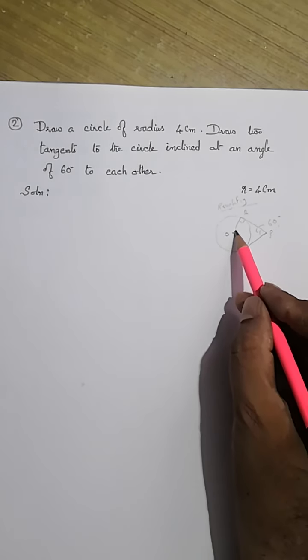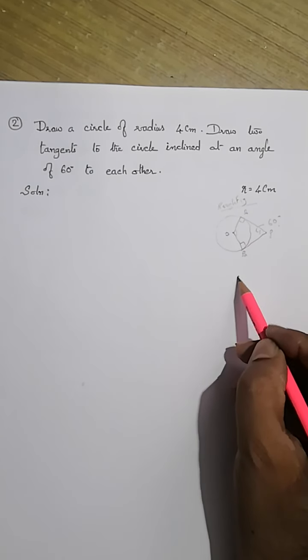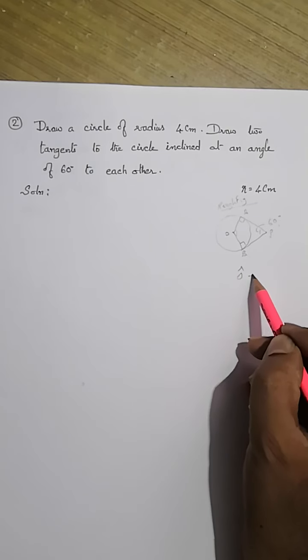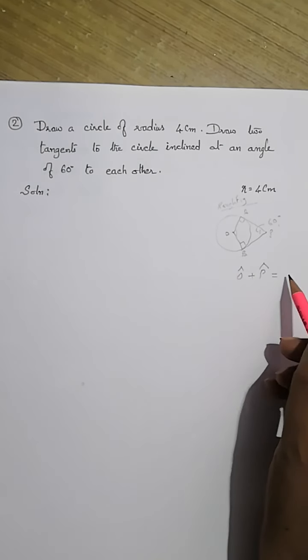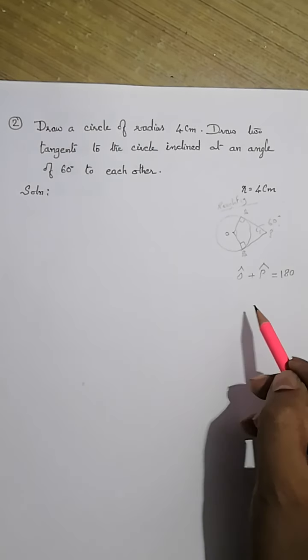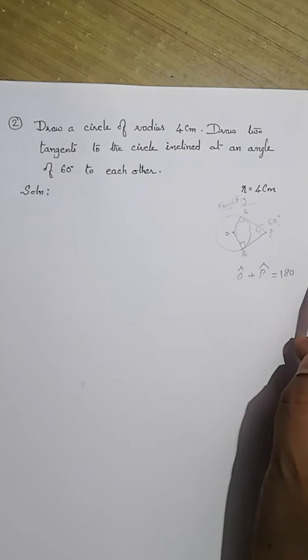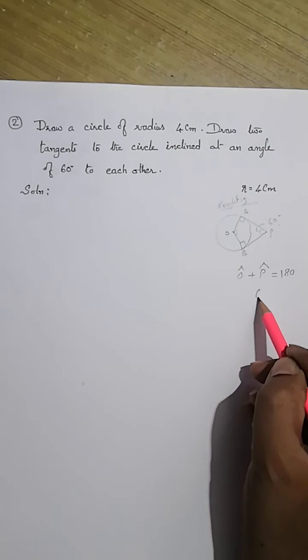To know the angle O, that is angle at the center, we shall add: angle O plus angle P is equal to 180, because these two are supplementary to each other. They have given angle P as 60.